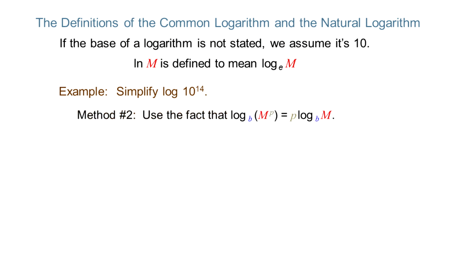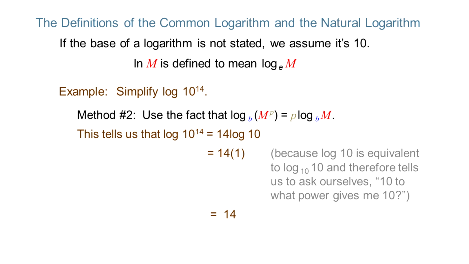To work this problem using the method I'm going to call method number 2, I'll start by using the power rule to move the 14 out in front of the log so that it will get multiplied by the log of 10. To simplify this further, I'll note that the common log of 10 is equal to 1 because the log 10 that you see here should tell you to ask yourself, 10 to what power is equal to 10?